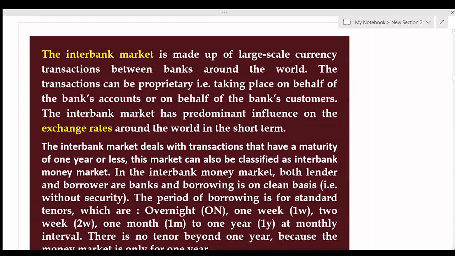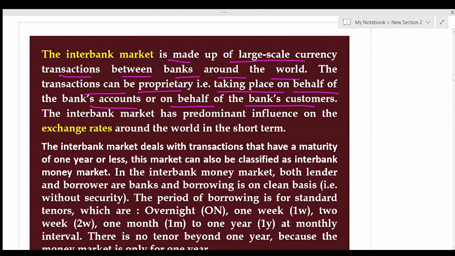The interbank market is made up of large-scale currency transactions between banks around the world. The transactions can be proprietary, that is taking place on behalf of banks' own accounts, or on behalf of banks' customers.